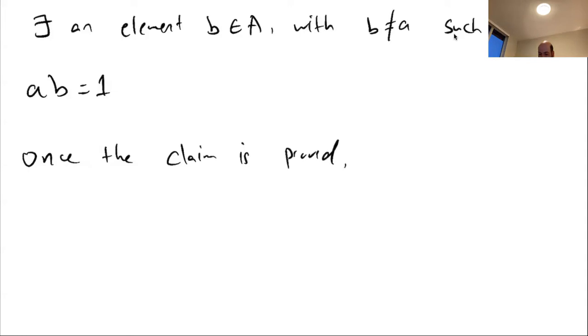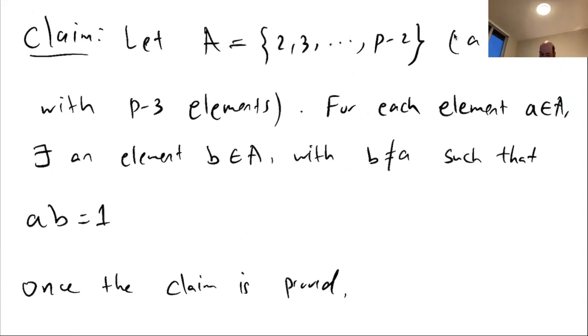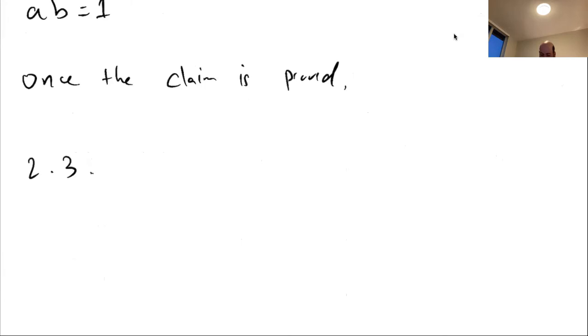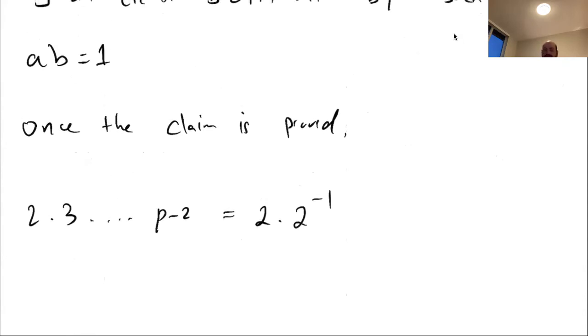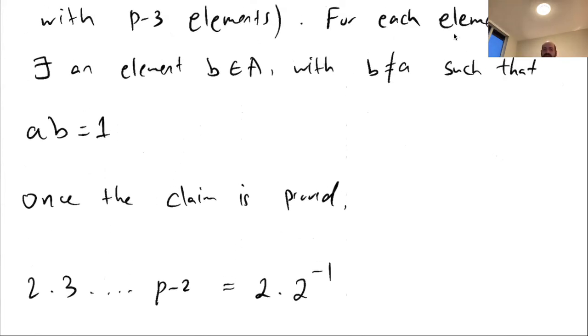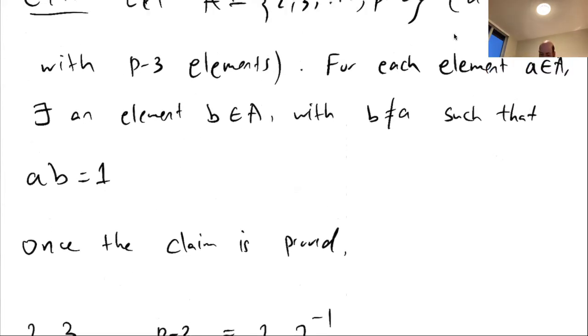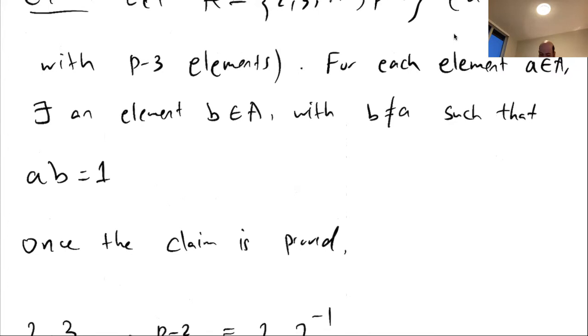We can write the product of elements of A, so 2 times 3 to P minus 2, as 2 times 2 inverse. By inverse, I mean inverse mod P, right? Such that ab equals 1, of course in Z_P, I mean.